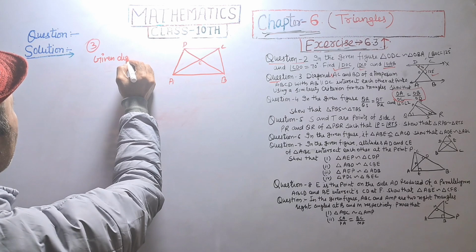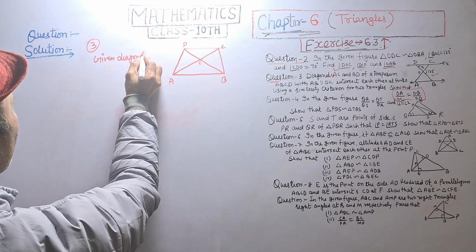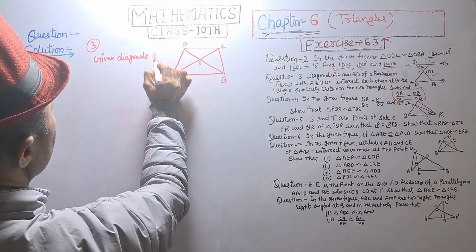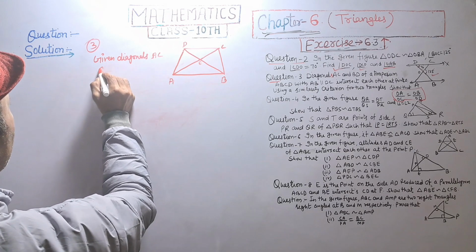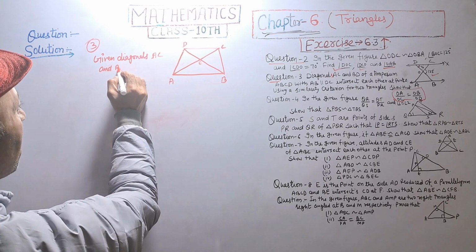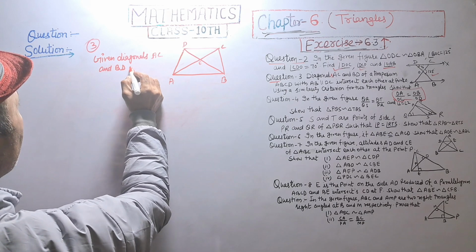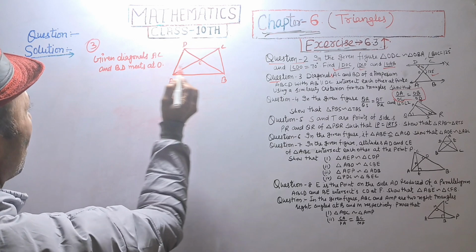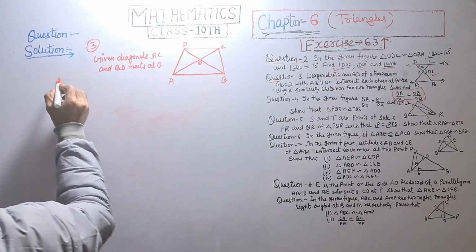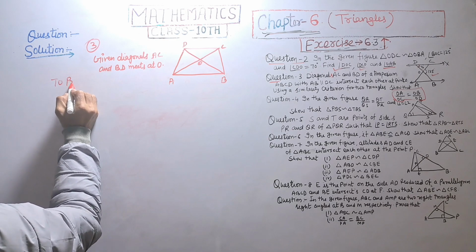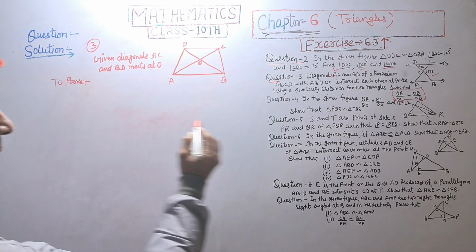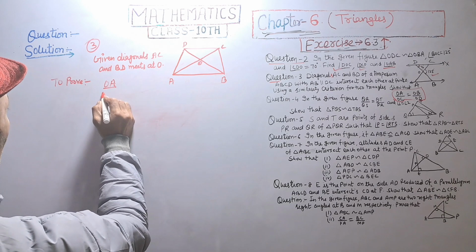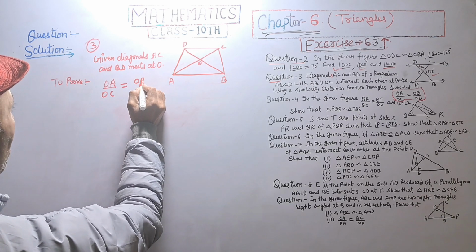Given diagonals AC and BD meet at O. To prove OA upon OC is equal to OB upon OD.